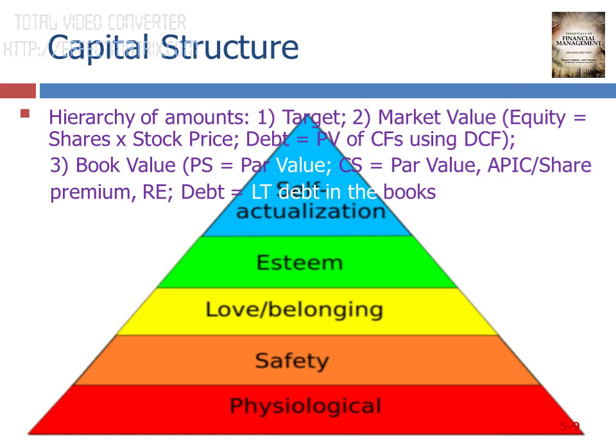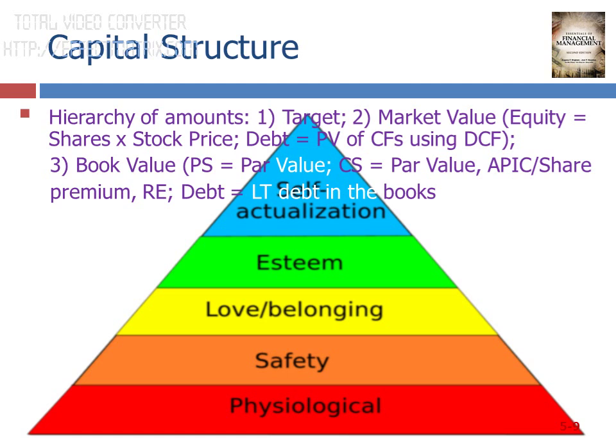Specifically, how do you get the market value? Here is an example of getting the market values. There are valuation models, the DCF and others. But a plain, simple way of doing this is, for the equity, you get the number of shares outstanding times the stock price. You call that the market capitalization.